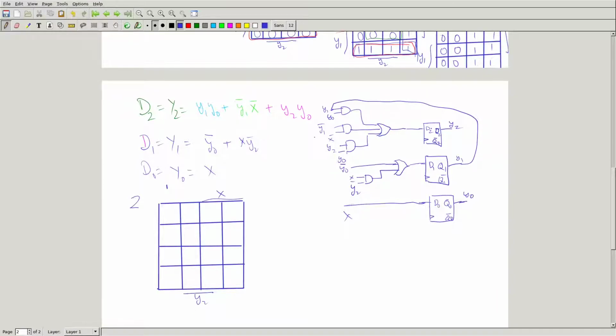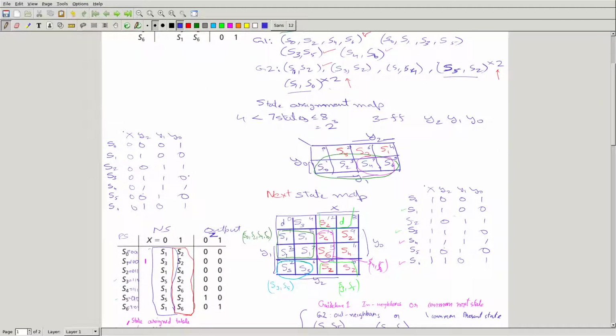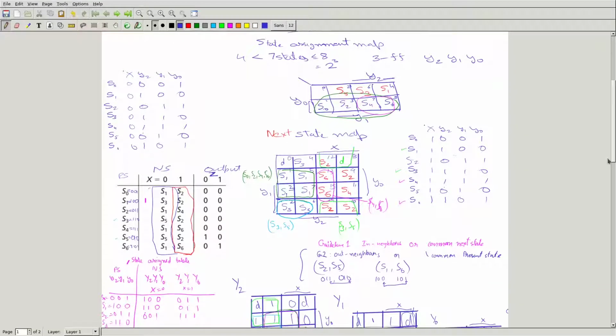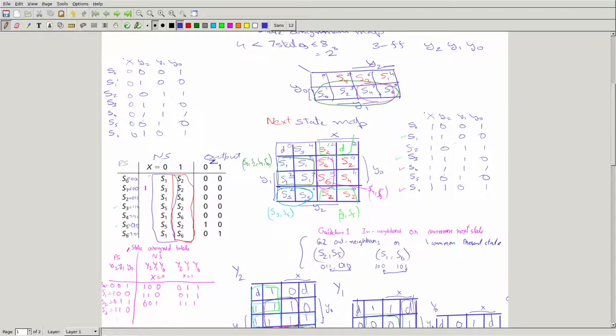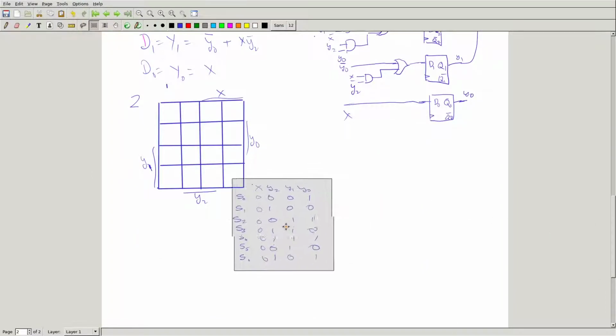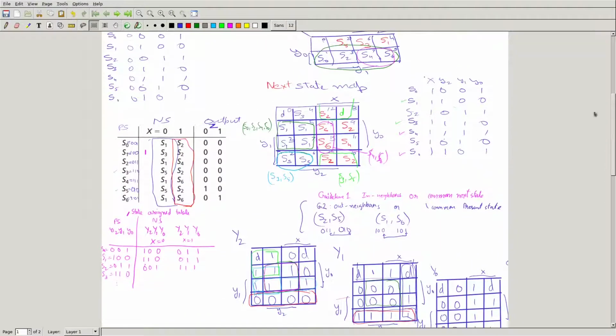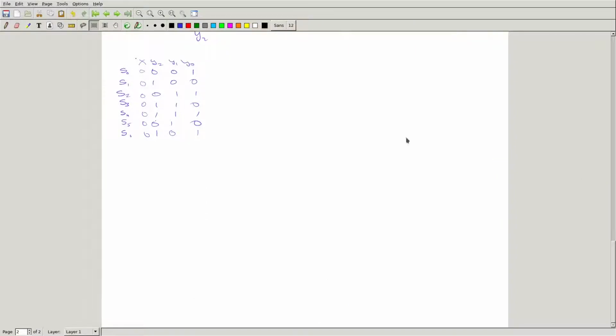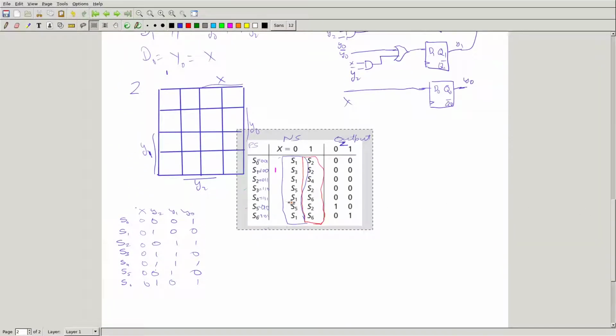X again, y2 again, y1 and y0, and we have this encoding that we are going to copy here, and this output table that we are going to copy here.